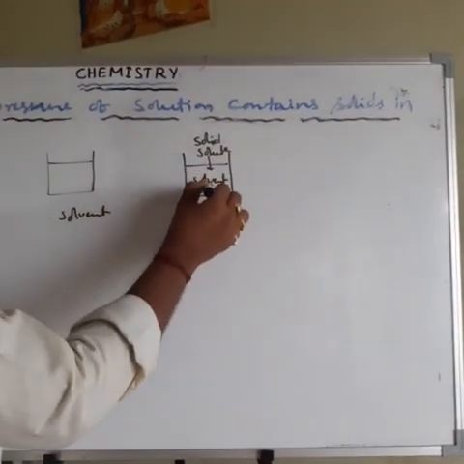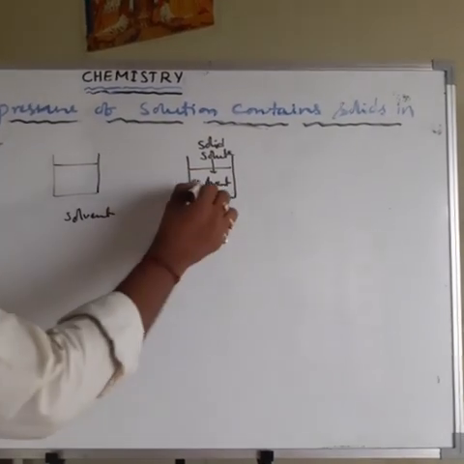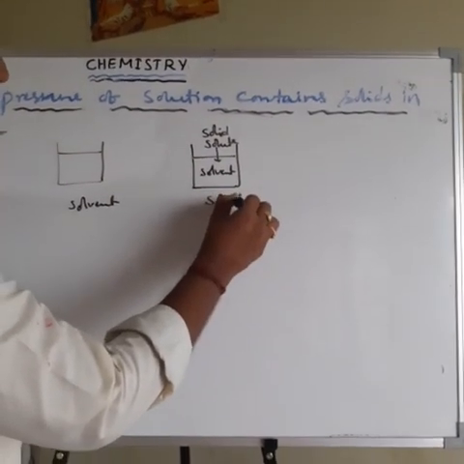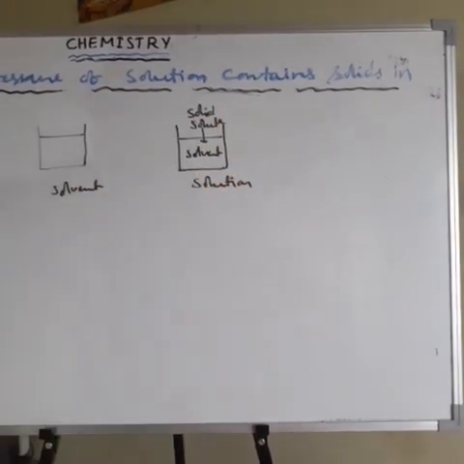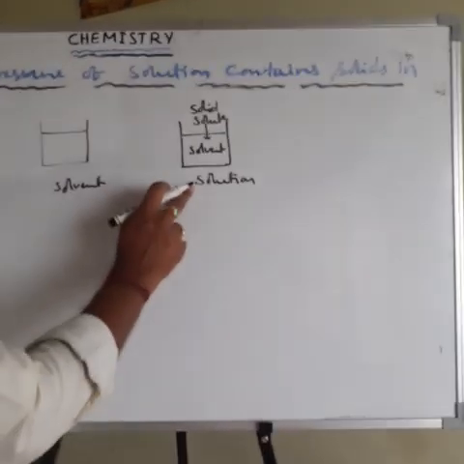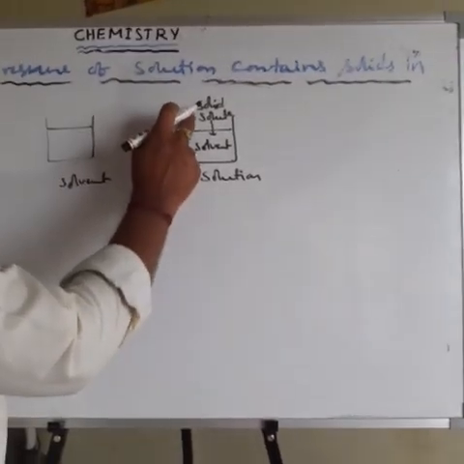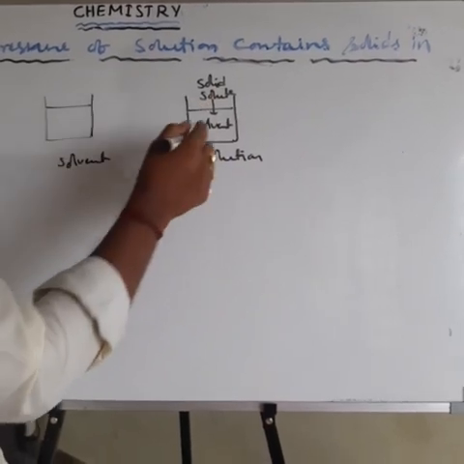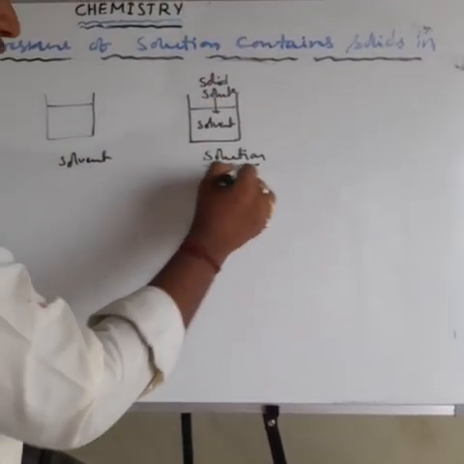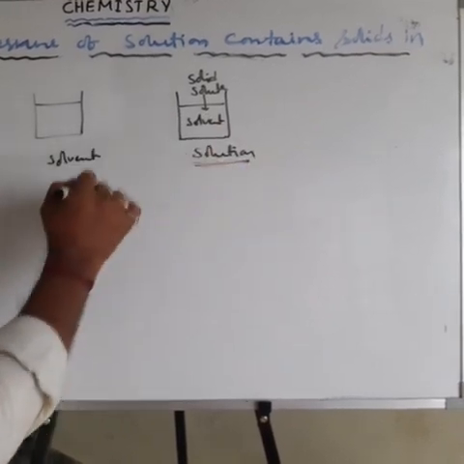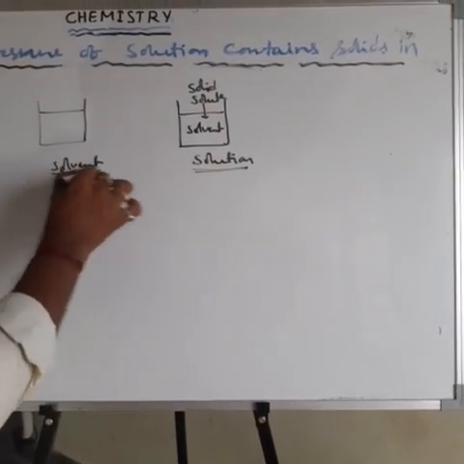Whenever solid solutes are added to the solvent, it becomes a solution, because a solution is nothing but solute plus solvent. The physical properties of the solution containing dissolved solid solutes are quite different from the physical properties of the pure solvent.